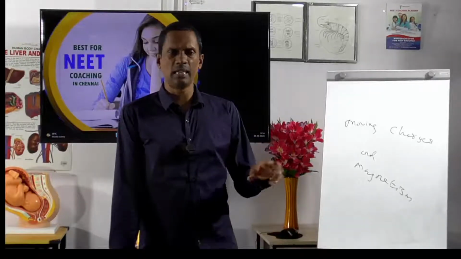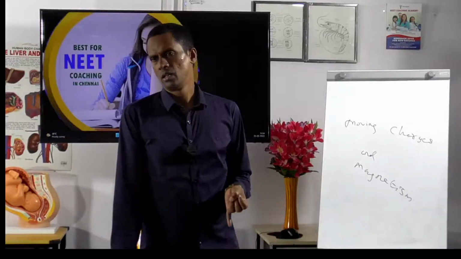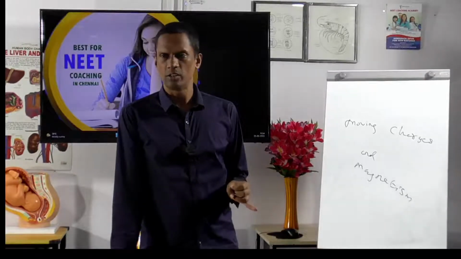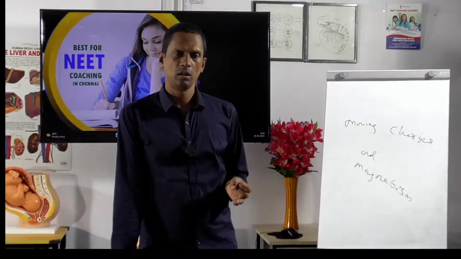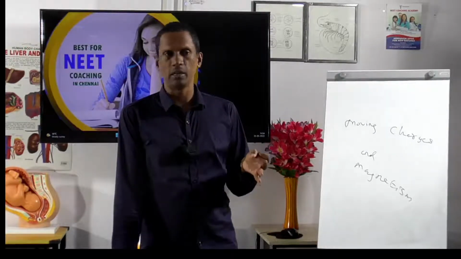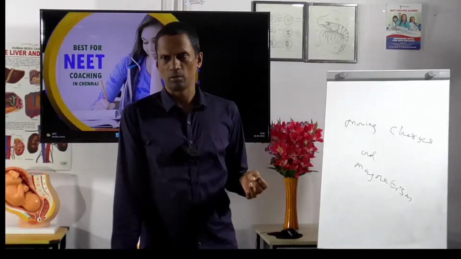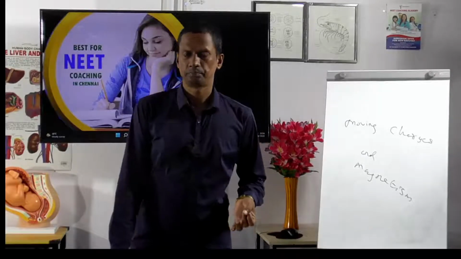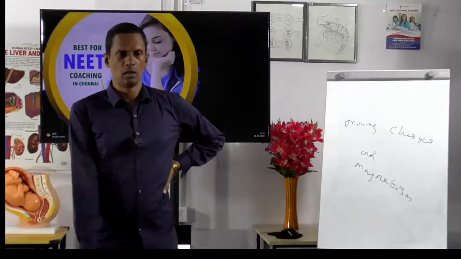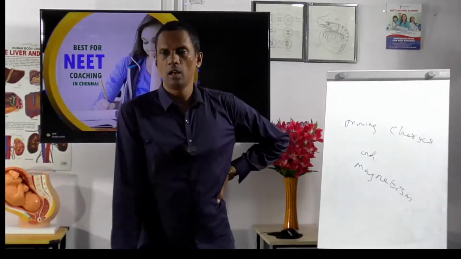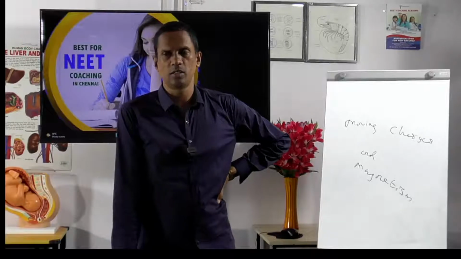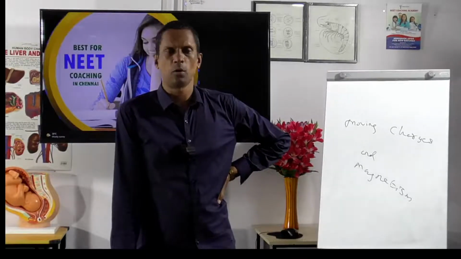For example, what is electron? What is the charge of electron? Negative charge. What is the charge of positron? It is similar to electron, but it has a positive charge. Then what is neutron? Zero, neutral, no charge. Then proton: what is the charge of proton?